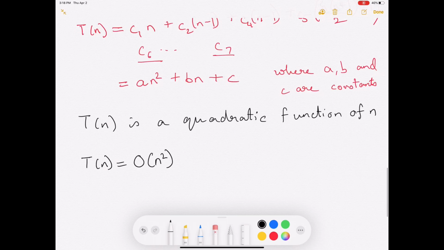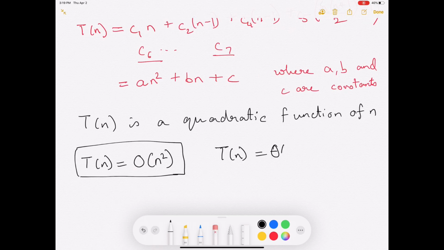That is, the worst case running time is O of n square. And that gives us the bound on the runtime of this algorithm. You can even write it as T(n) equal to theta of n square. That's a much tighter way to write the worst case runtime. So this is what we have in the worst case.